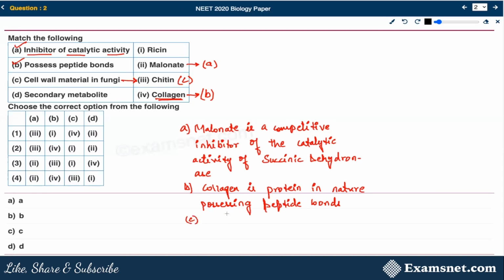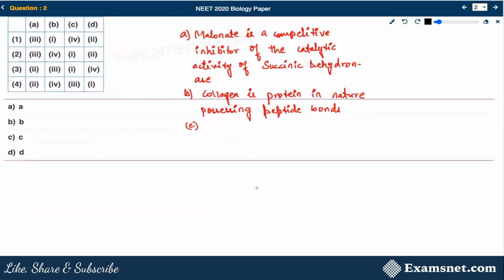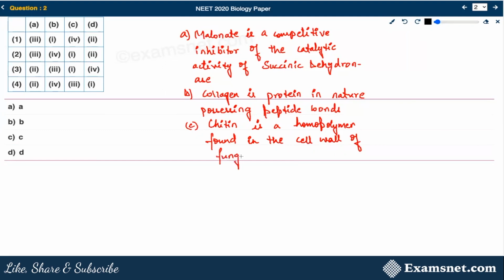So option C will say that chitin is a homopolymer found in the cell wall of fungi and exoskeleton.